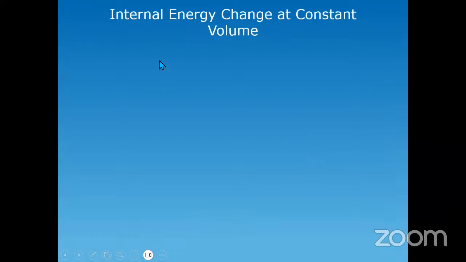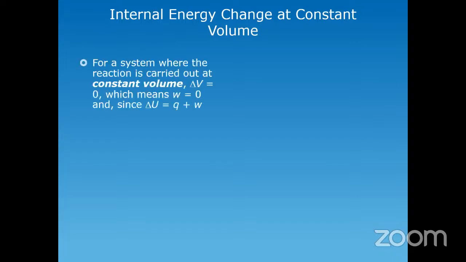Now, what we're going to look at is internal energy changes occurring in a system under two conditions: one condition of constant volume, and the other under constant pressure. In the case of constant volume, there's no change in volume, which means that delta V is equal to 0.